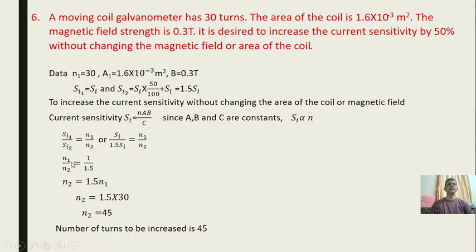Therefore, N1 by N2 is equal to 1 by 1.5, so N2 is equal to 1.5 times N1. But N1 is given, that is 30, so we will get N2 is equal to 45. Here the number of turns to increase is 45 in order to increase the current sensitivity by 50% without changing the magnetic field or area of the coil.